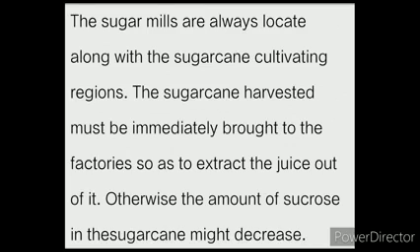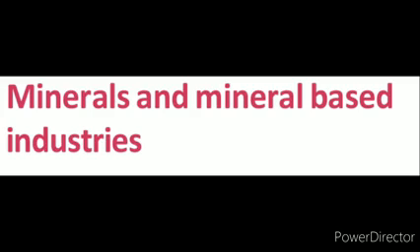It is very interesting to know that the sugar mills are always located along with the sugarcane cultivating regions. The sugarcane harvested must be immediately brought to the factories so as to extract the juice out of it. Otherwise, the amount of the sucrose in the sugarcane might decrease.